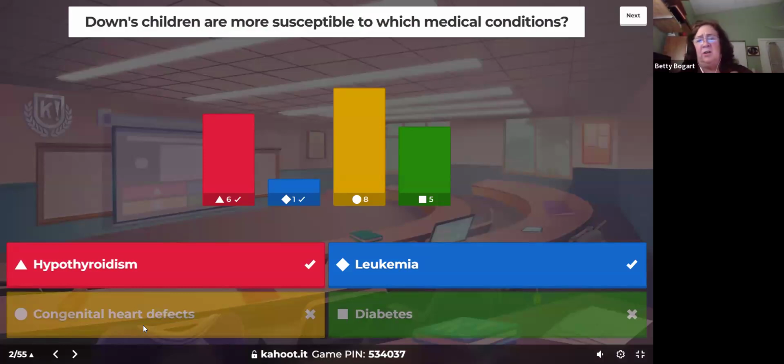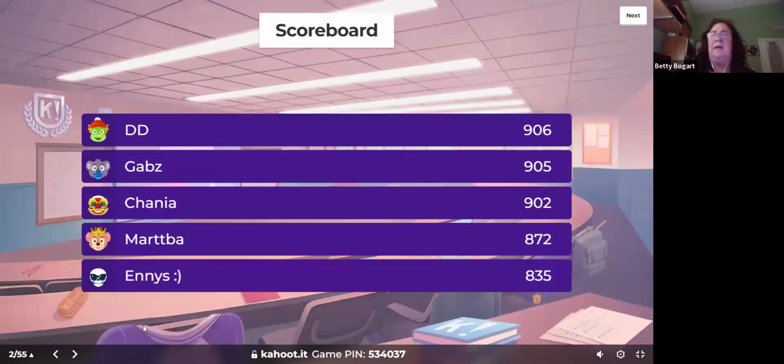Yes, of course, congenital heart defects. Diabetes, no, but you didn't know about leukemia. I mean, Down's children are clumsy. They could go into an ER full of bruises, and you just think they're just clumsy. Don't forget, they could have leukemia, and one of the symptoms is bruising because their platelets are low and they cause bruising, okay? So it is those three, not diabetes.